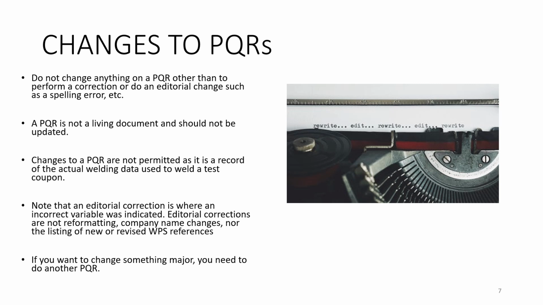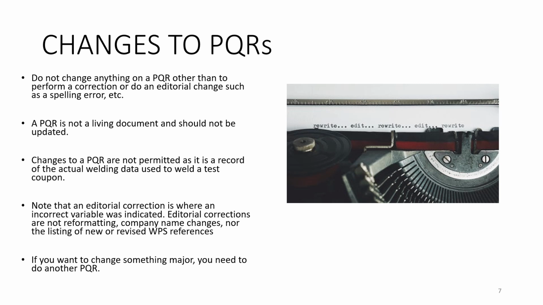Changes to a PQR are not permitted as it is a record of the actual data used at the weld test coupon. You can do an editorial correction where an incorrect variable was indicated. Editorial corrections are not reformatting, company name changes, nor the listing of new or revised WPS references.